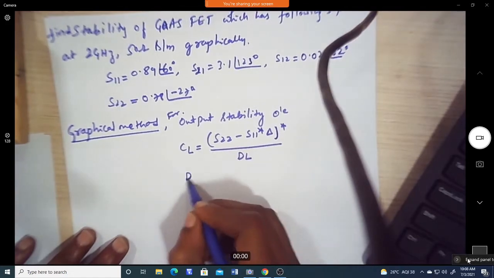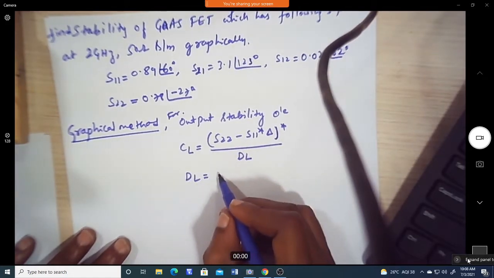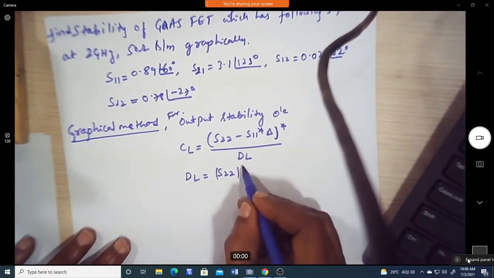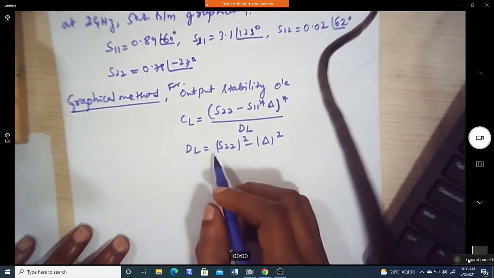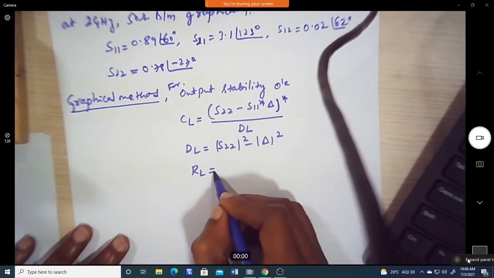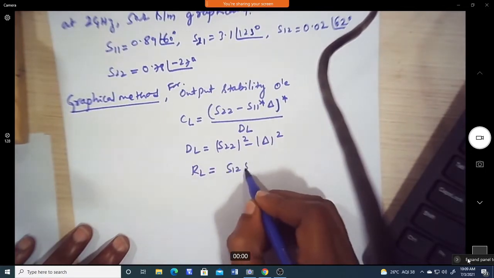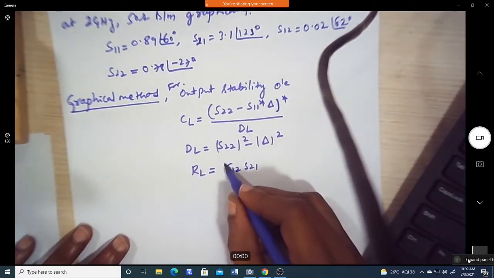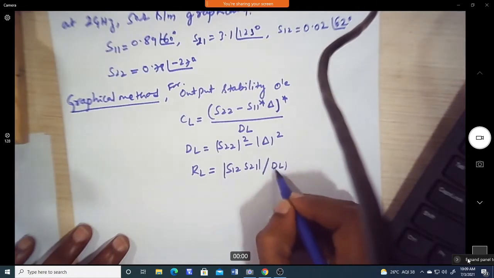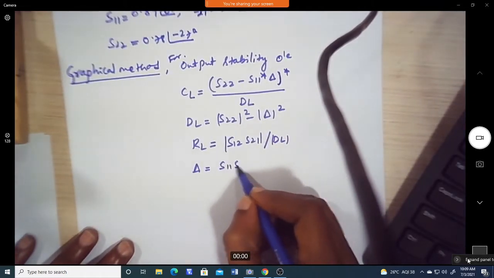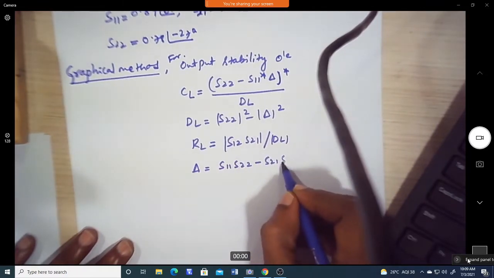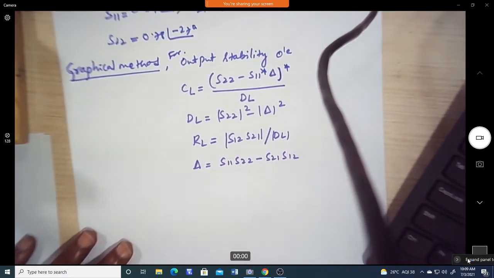DL is equal to the magnitude of S22 square minus delta square, and RL is equal to the magnitude of S12 S21 divided by the magnitude of DL. Delta is S11 S22 minus S21 S12. So now find out the value of delta.